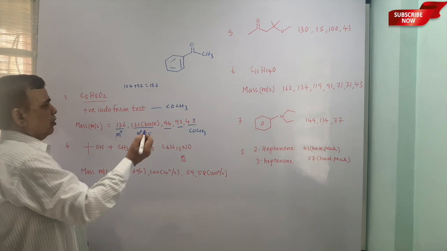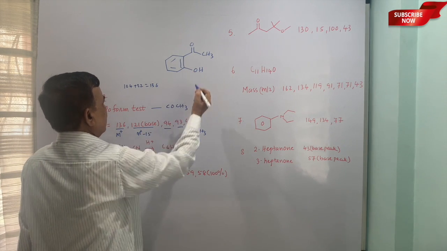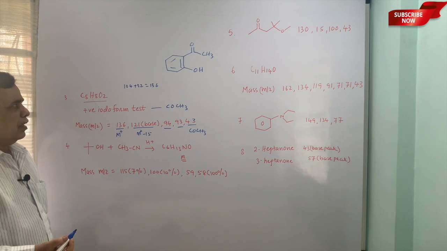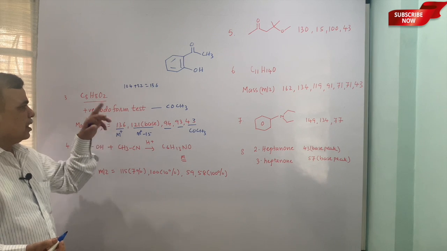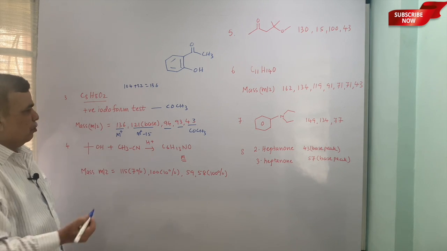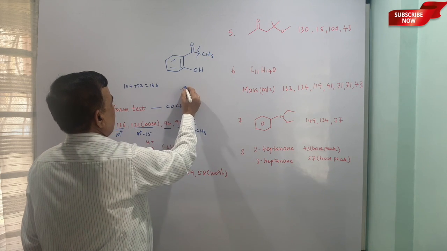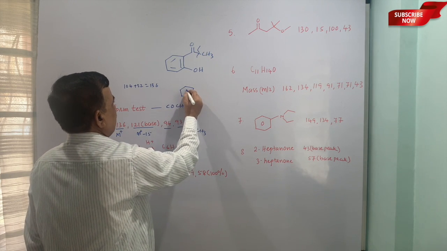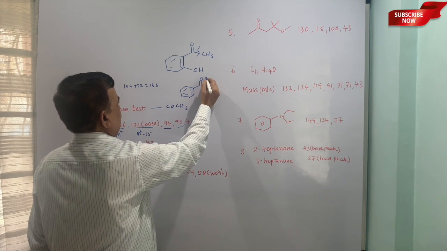Now we have to add one oxygen, that has to be in the form of hydroxyl group. So that will balance the hydrogens also. 8 hydrogens, 2 oxygens, positive iodoform test, COCH3 is there, 136 M plus and 121. 121 is the breaking of this bond, and I will show homolysis.